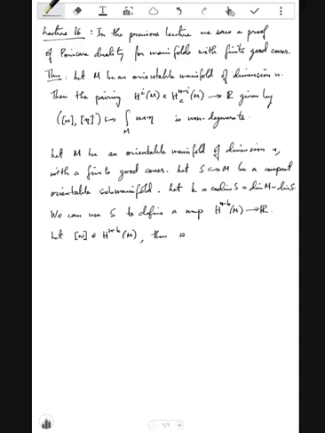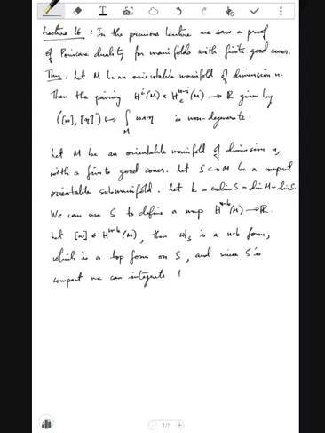Then omega restricted to S is an (n-k) form, which is a top form on S. And since S is compact, we can integrate this on S. So the map is given by omega is sent to the integral over S of omega restricted to S.